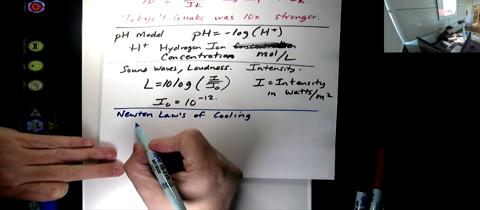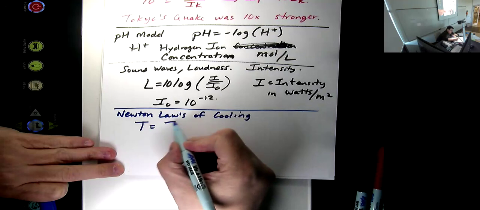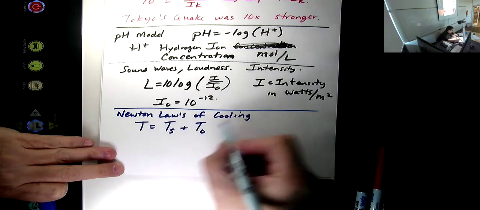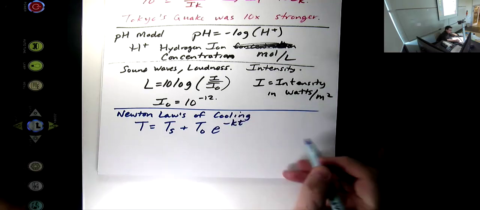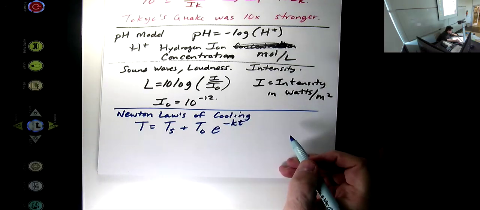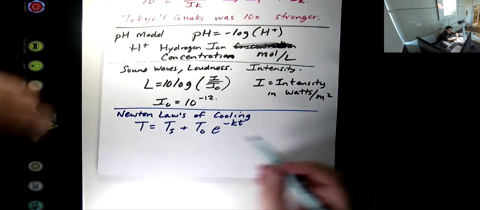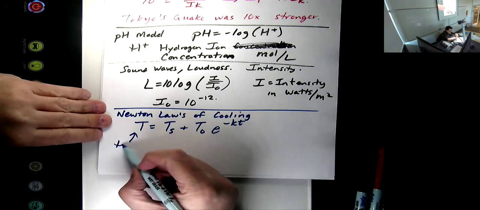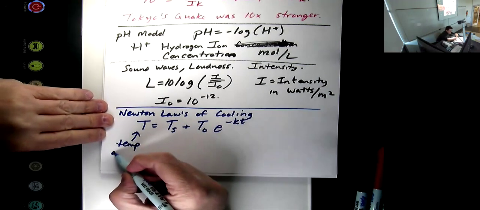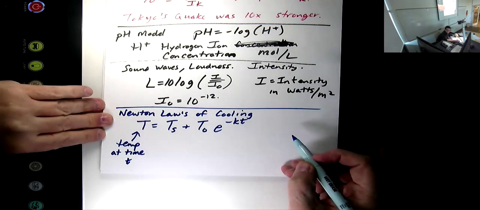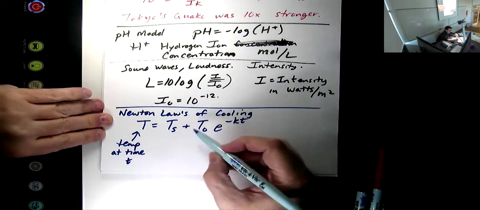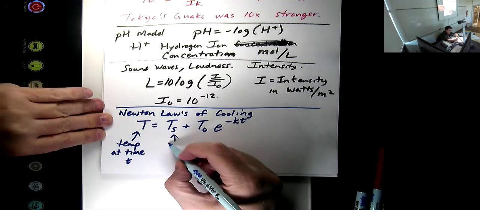There's an equation that models it. T equals TS plus T naught e to the negative KT. That one is temp at time T. That's surrounding temp.